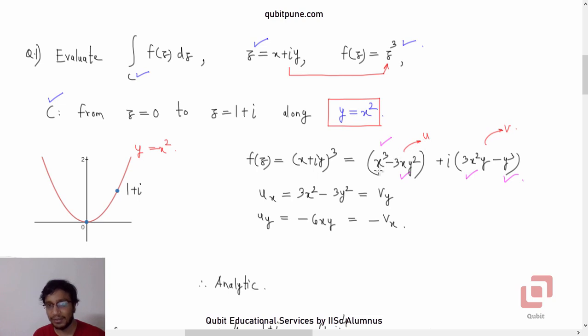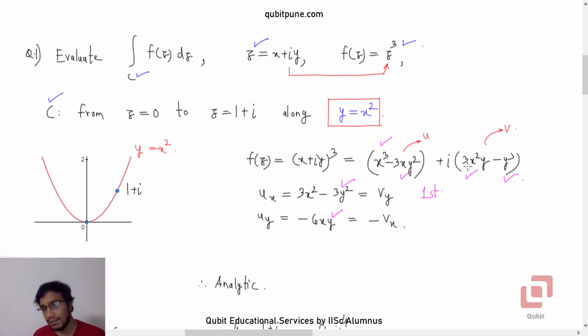Differentiate u partially with respect to x: 3x squared minus 3y squared. Differentiate v partially with respect to y: 3x squared minus 3y squared. So the first Cauchy-Riemann equation is satisfied. Go for the second one. Partial derivative of u with respect to y: 0 minus 3x into 2y, or minus 6xy. This should be equal to the negative of the partial derivative of v with respect to x.